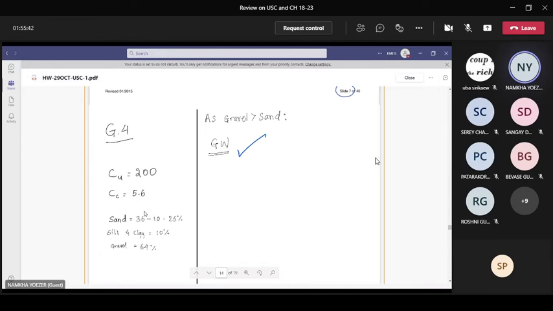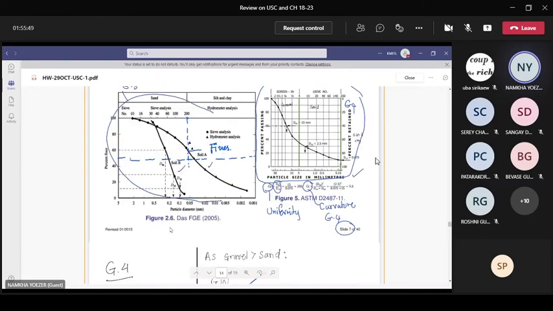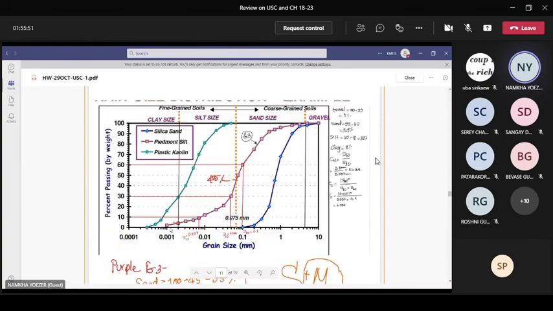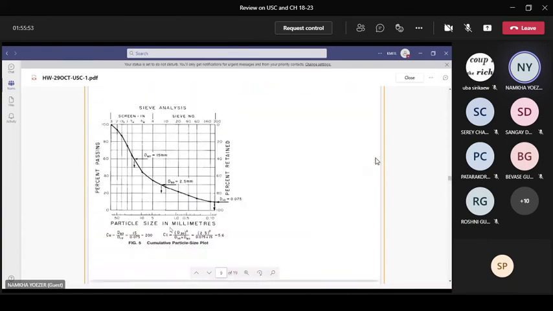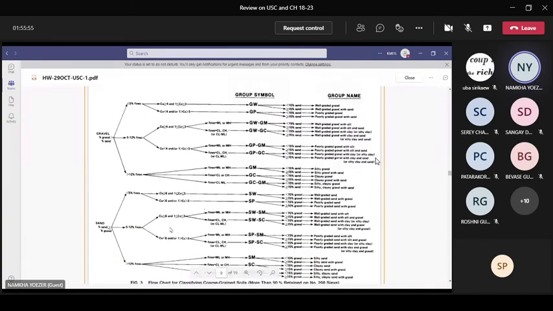In this question, the percentage of gravel is 4%. So from this data, we have to take the percentage of gravel that is greater than the percentage of sand.